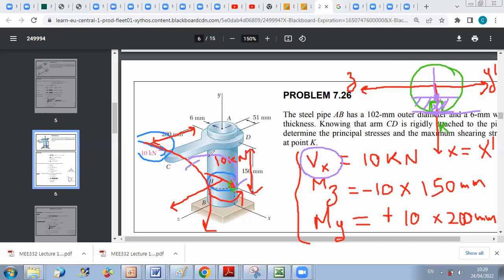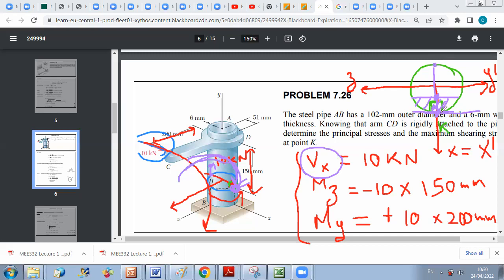If you do it with your hands, considering the direction, which is along negative z, and act out this moment, you will see that it will compress K and cause tension on the other side. So you have compression at K, and tension at the top.